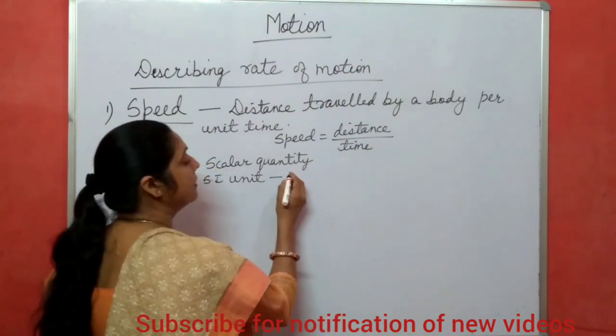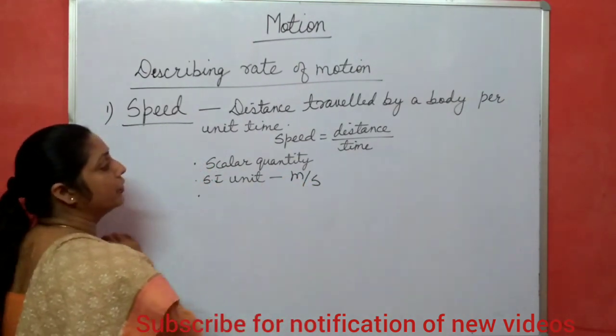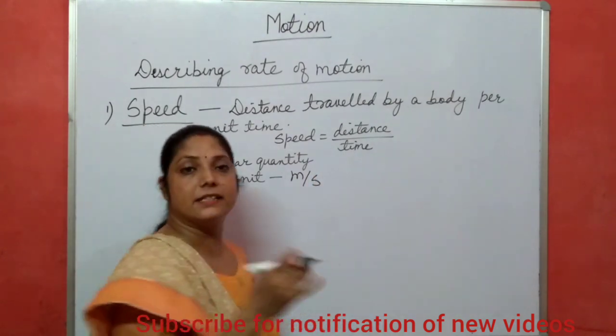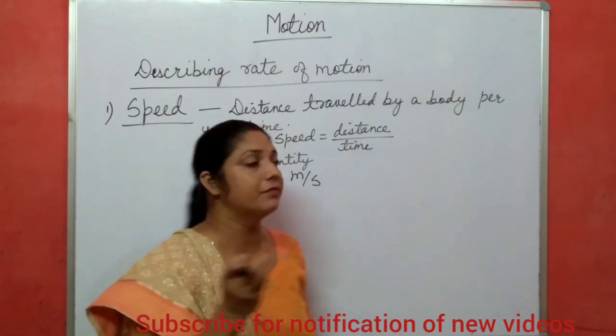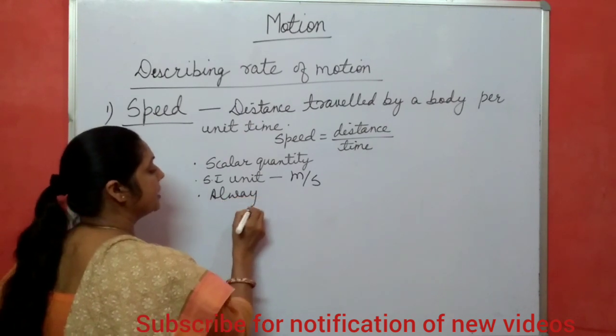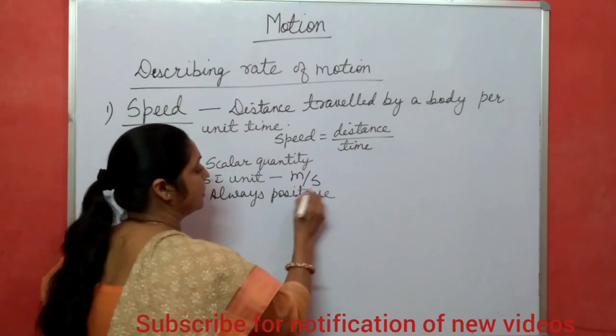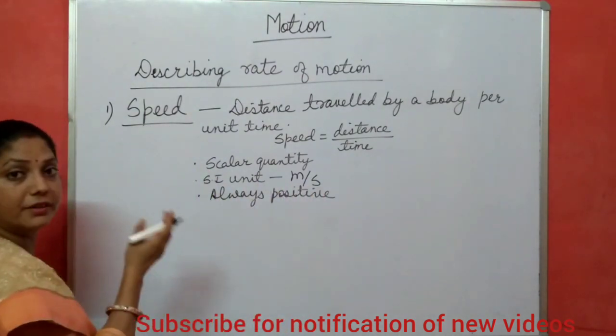So, speed is meter per second. And one more thing about speed, as distance is always positive, so speed is always positive. It never is negative or zero. Okay, these are all about speed.